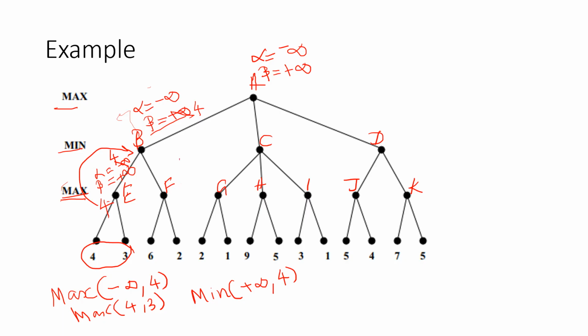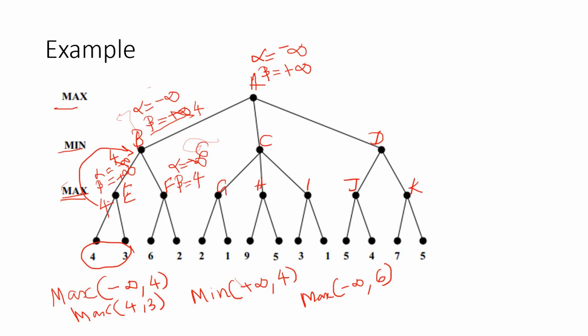So at F, we can see alpha is equal to minus infinity and beta is equal to 4. Now we will compare with the leaf nodes. F is a max node, so it will update alpha. It will check the maximum of minus infinity, the alpha value, and 6. 6 is maximum, so alpha will become 6.